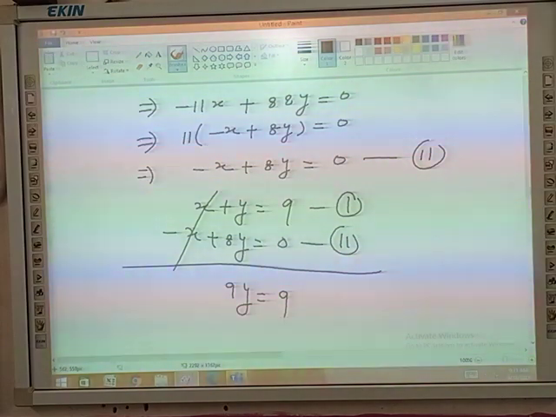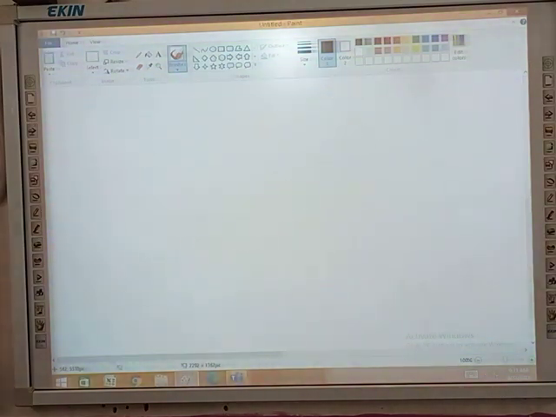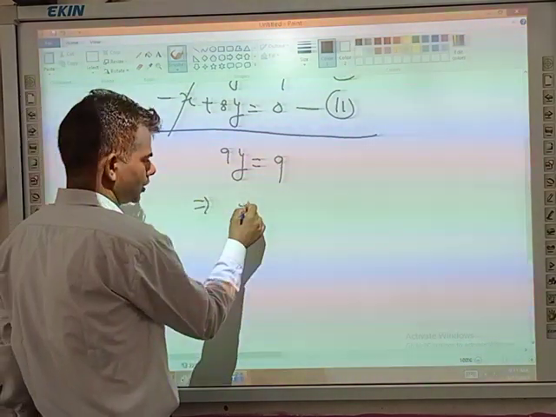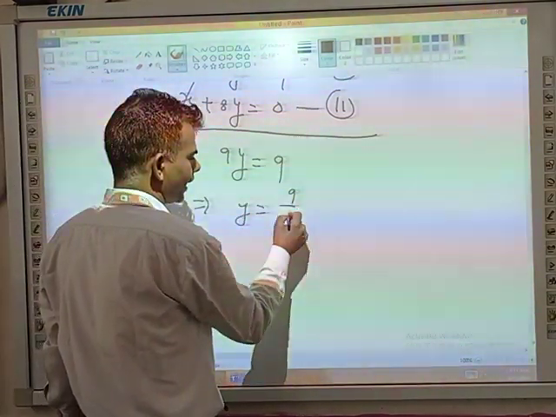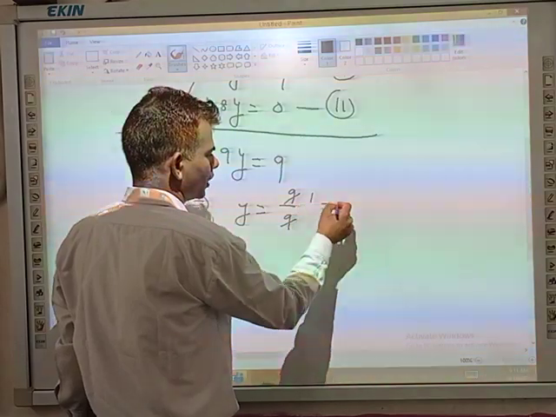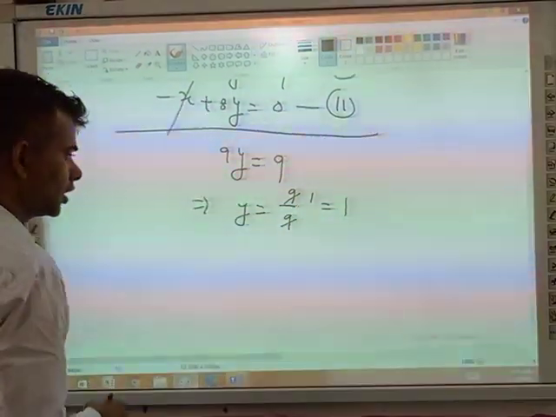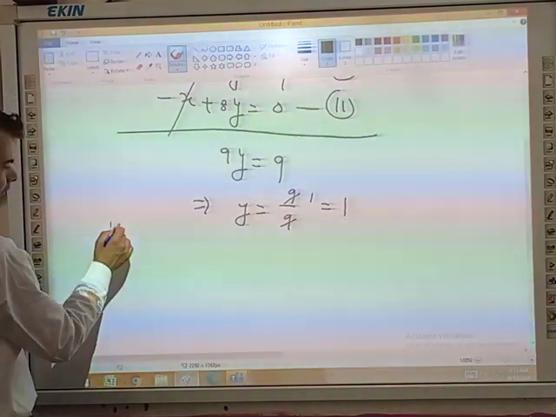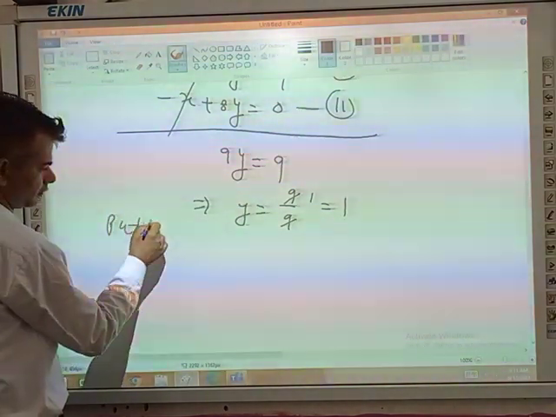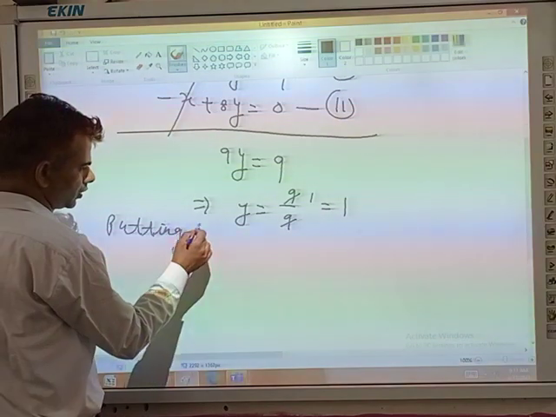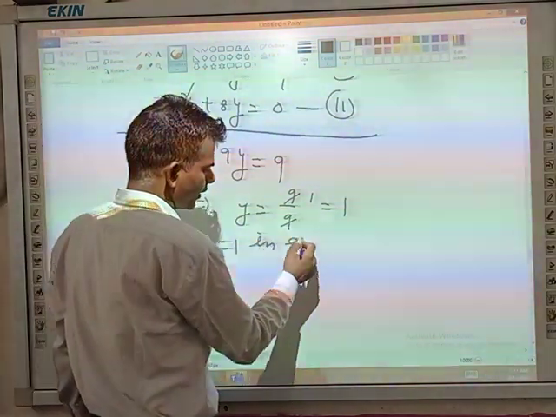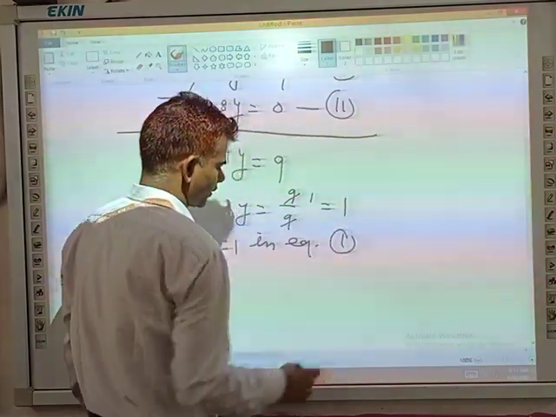Yes students, the value of y is 9 by 9, it becomes 1. Now students, putting y is equal to 1 in equation first.